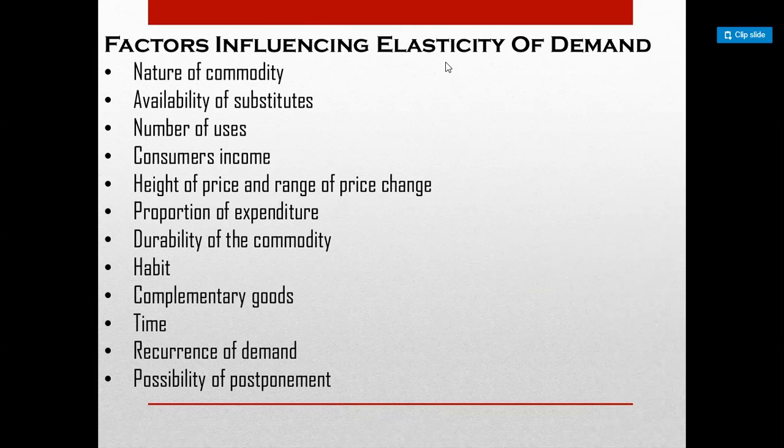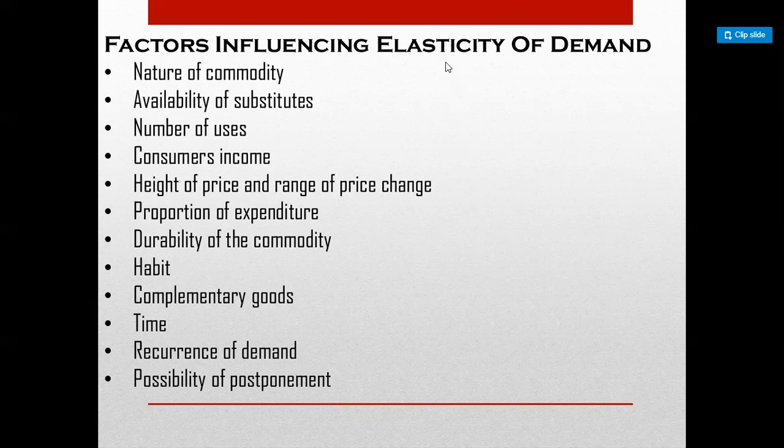Next is availability of substitutes. Demand for a commodity with a large number of substitutes will be more elastic. The reason is that even a small rise in its price will induce the buyer to go to its substitute. Next is number of uses.